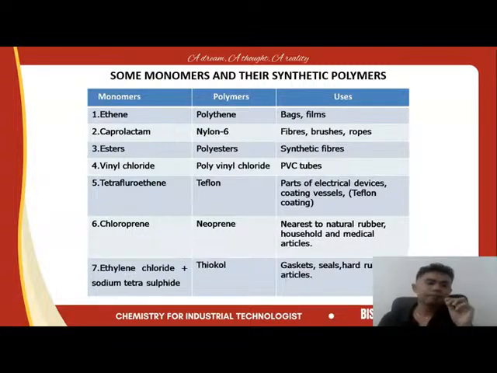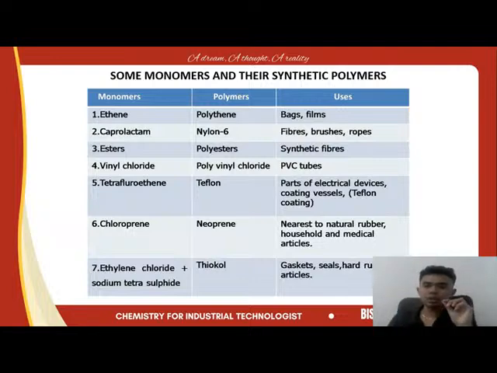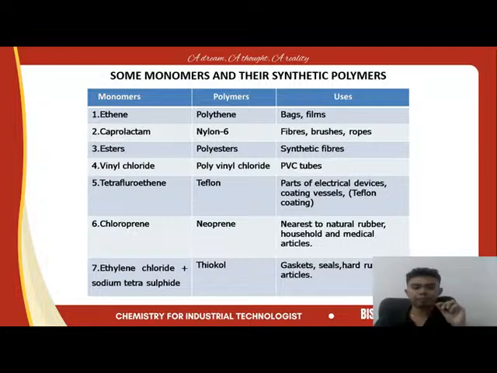Next, we have tetrafluoroethene. The monomer tetrafluoroethene forms a polymer, Teflon. It is used as parts of electrical devices and for coating vessels. We use Teflon oftentimes when we connect something or want to seal something.